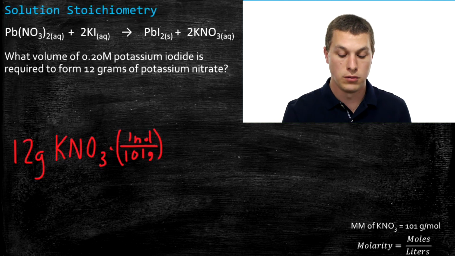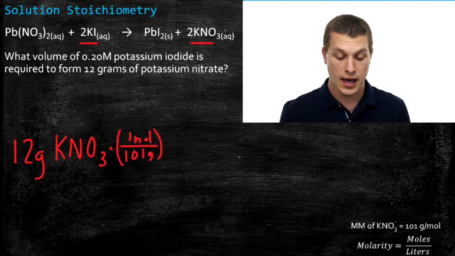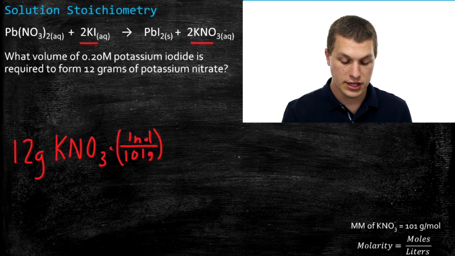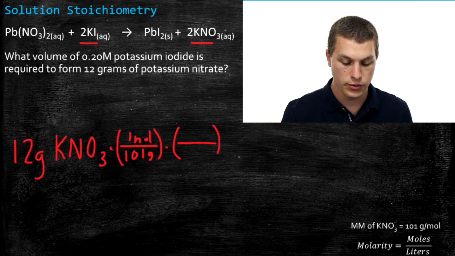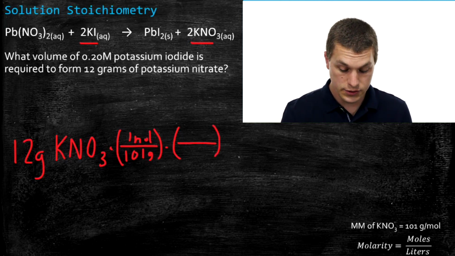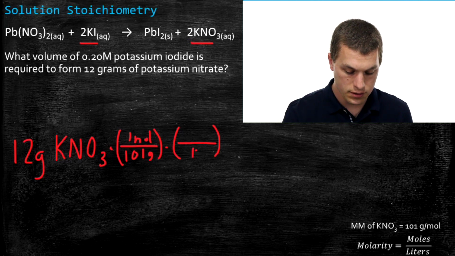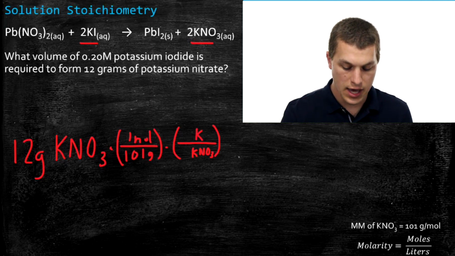And if we want to go from moles of KNO3 to moles of potassium iodide, then we have to use our chemical recipe. We have to use those numbers there to help us figure out what ratio these things react in. So we want to get rid of KNO3, so I write KNO3 down here. And we want to get out potassium iodide, so we write KI up here. And both of those, we'll notice, have a 2 in front of them in their recipe.